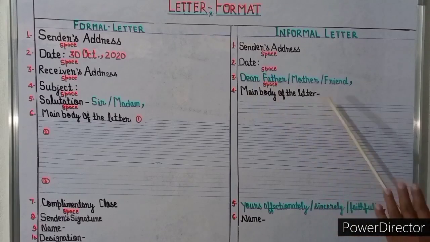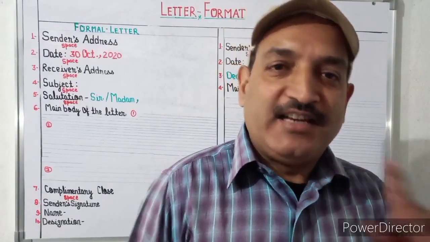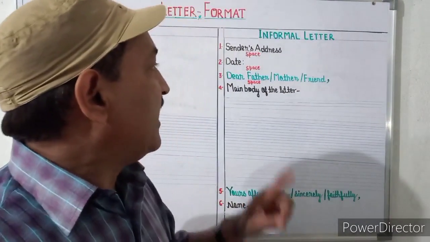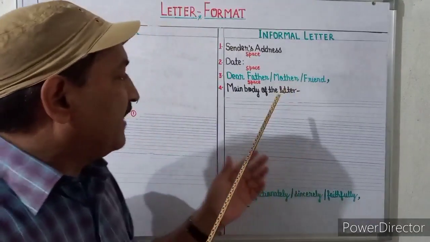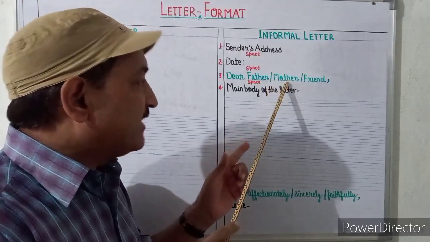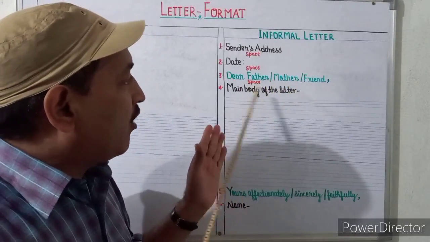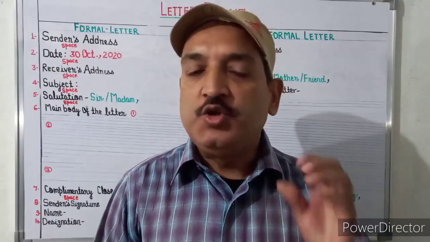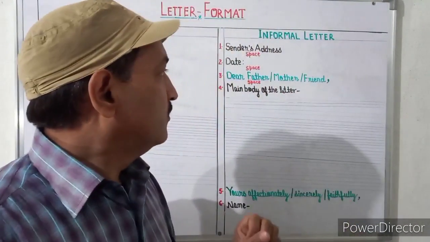Then the main body of the letter. Dear students, listen to me very carefully. In some books, you may find that a separate line is left after salutation and before the main body of the letter. But most of the grammarians do not prefer so.